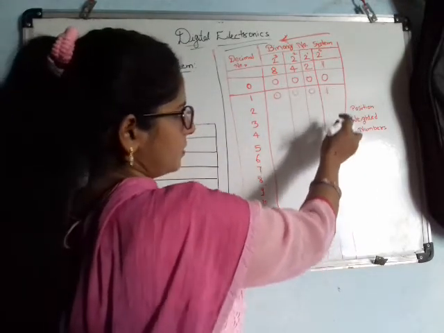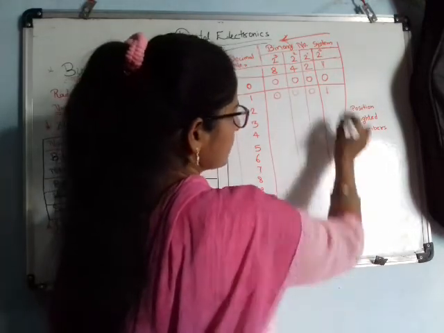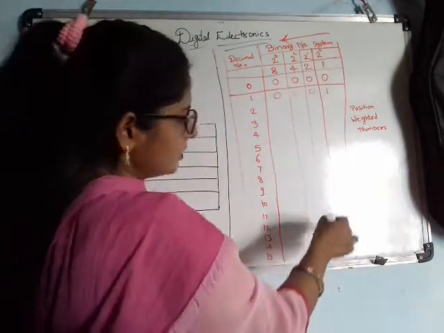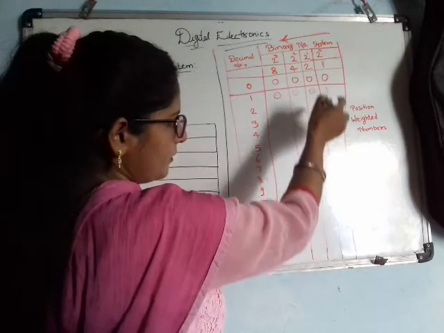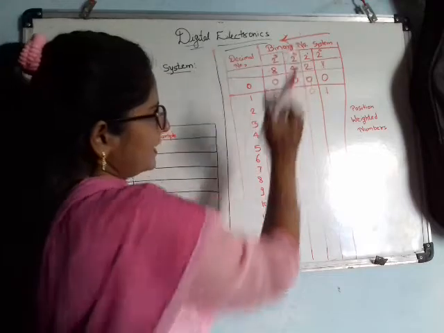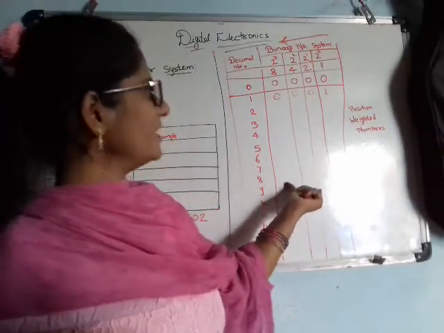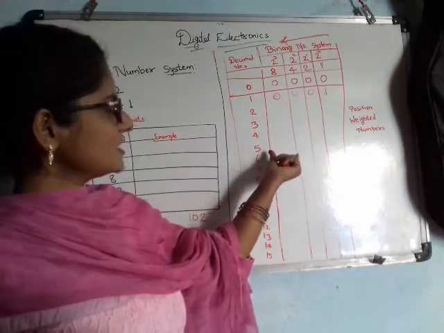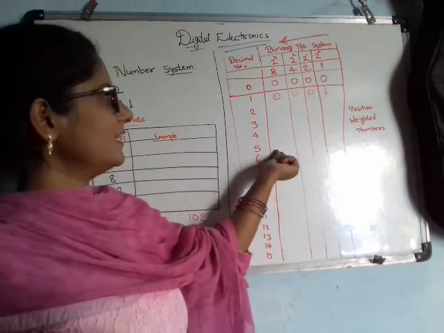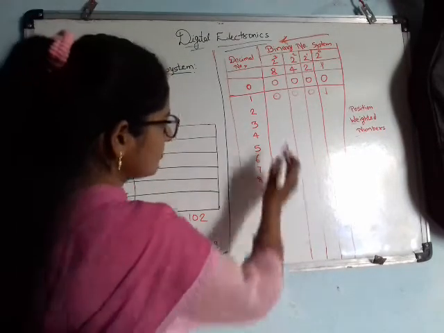The weightage of the first row is 1, the weightage of the second row is 2, the weightage of the third row is 4, and the weightage of the fourth row is 8, and we have to use combinations.